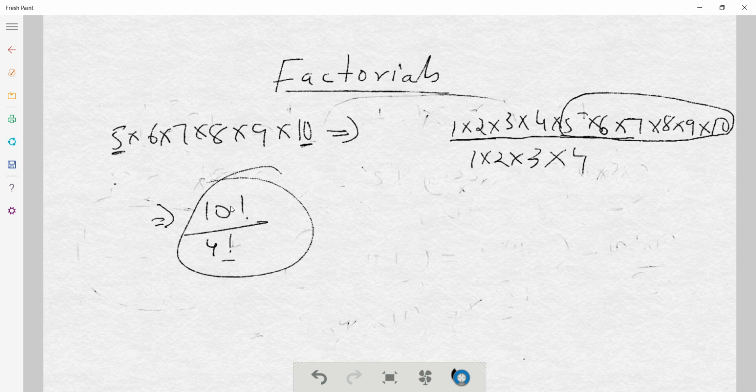So just have a look whether you can do something like that. This is one of the approaches you can use when you're trying to work out if a specific expression is a factorial or not. So that's one of the examples, and that's the way you can work it out.